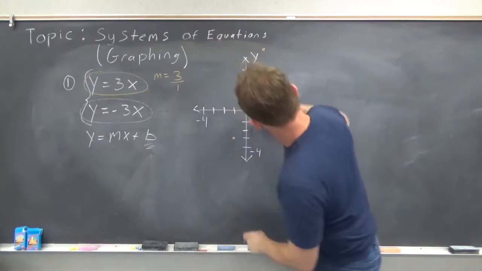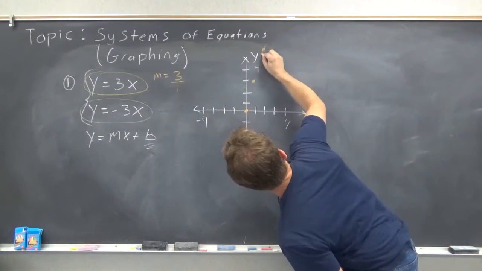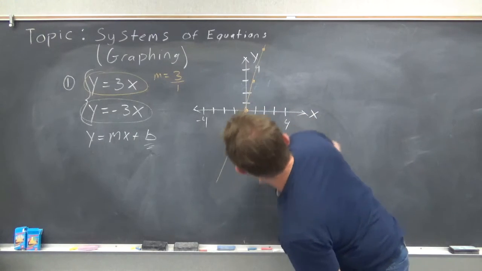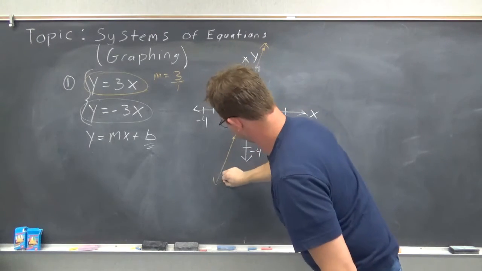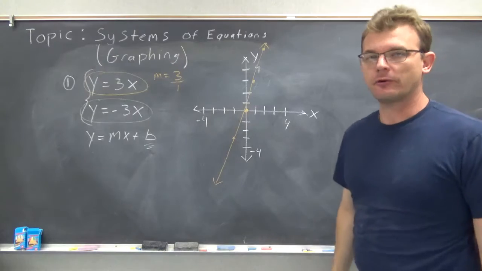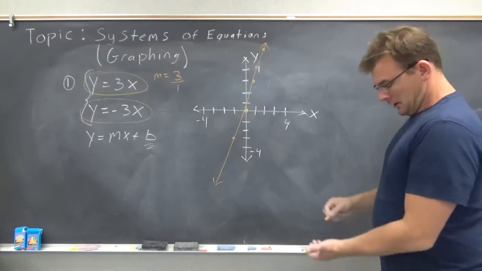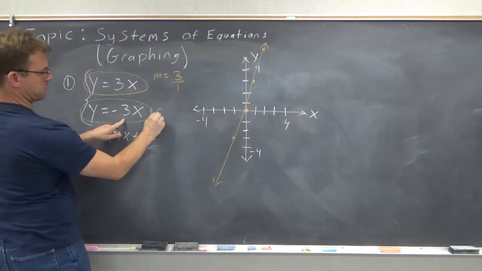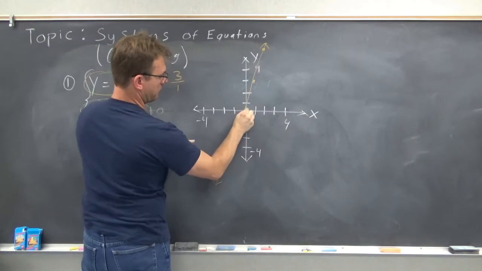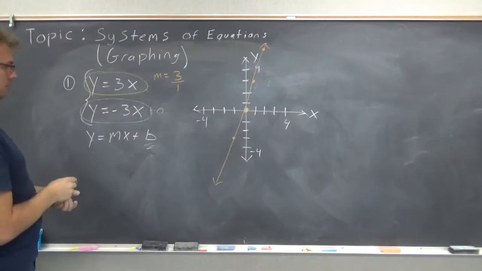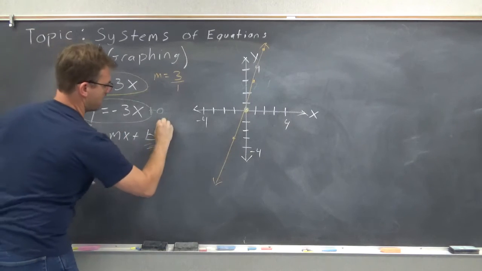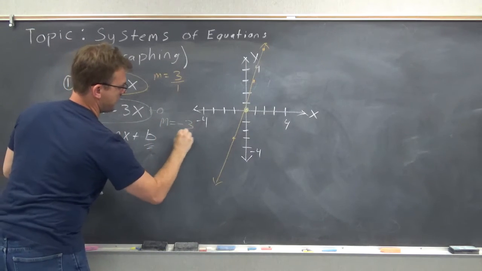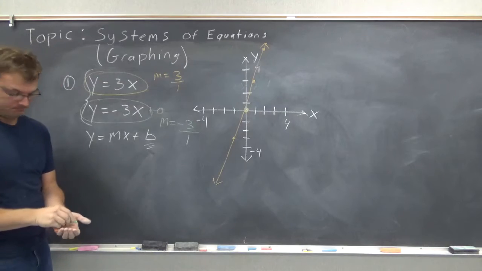Like I said, use some graph paper. This one starts at 0 too, with negative 3 over 1 this time.